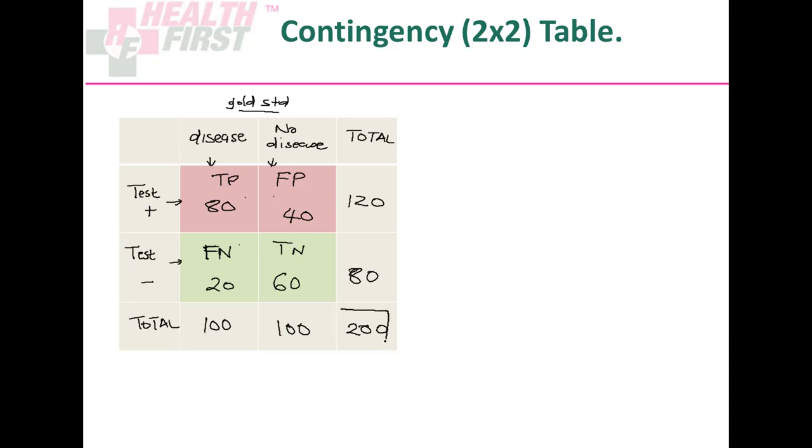So this 200 is the total number of patients that we have in our little hypothetical study. From this table, we usually now calculate specificity, sensitivity, and we can also calculate positive predictive value and negative predictive value.